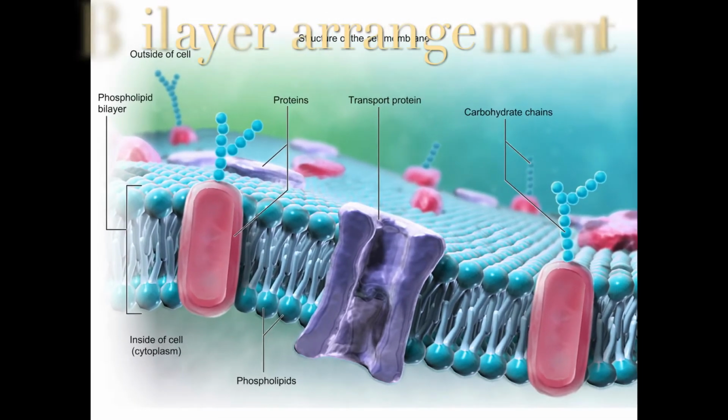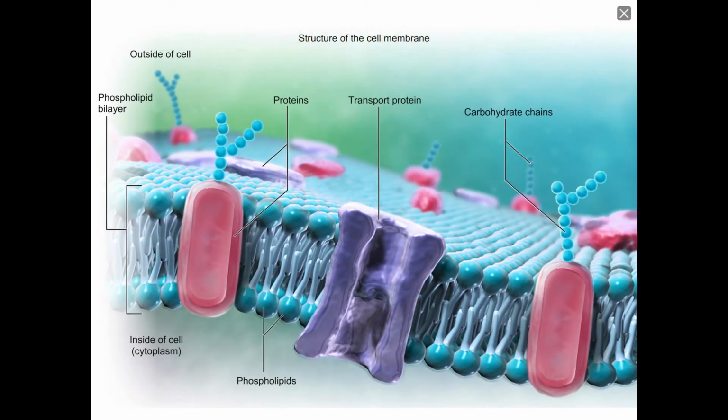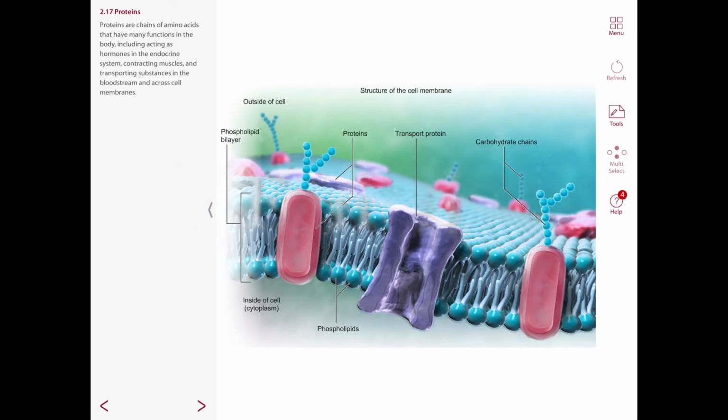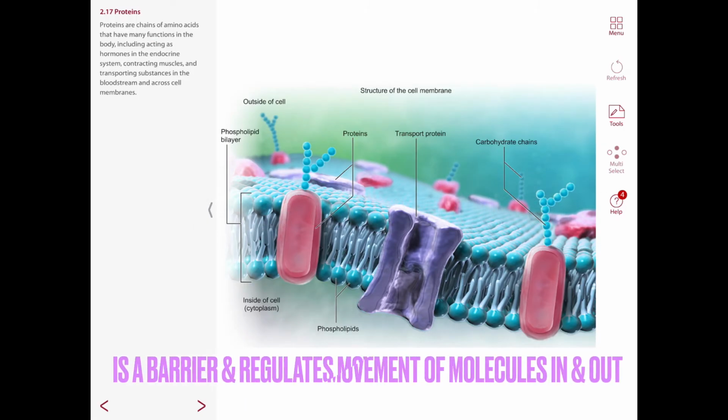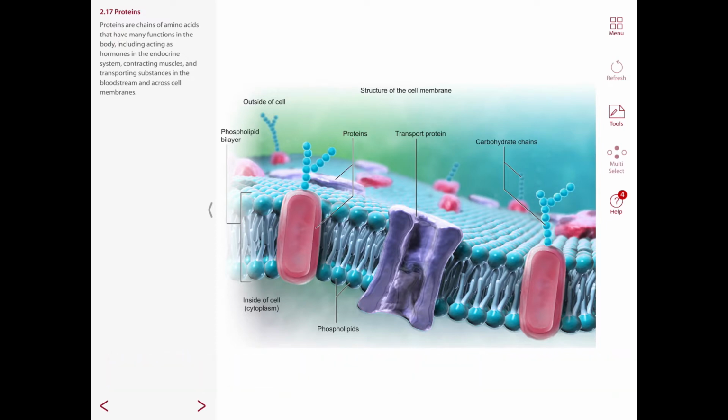These lipids are arranged in a bilayer with peripheral proteins attached and integral proteins extending through the membrane. Also, in terms of the primary functions, the plasma membrane provides a barrier for the cell, and it also regulates the movement of materials in and out of the cell.